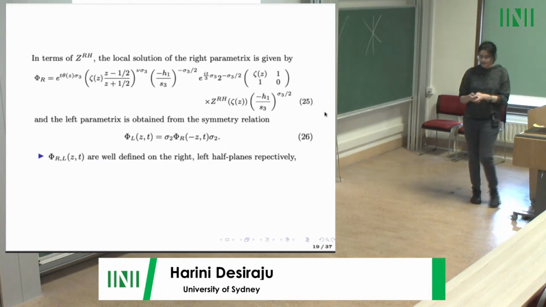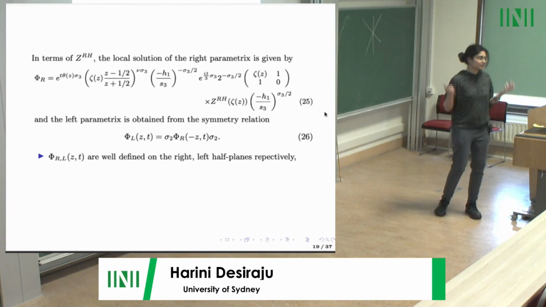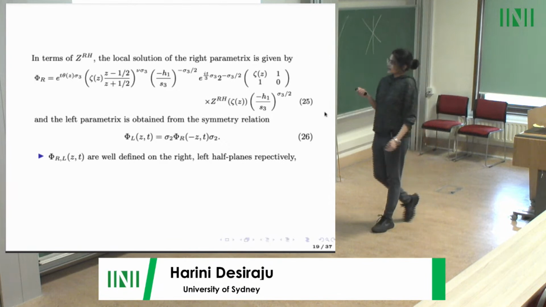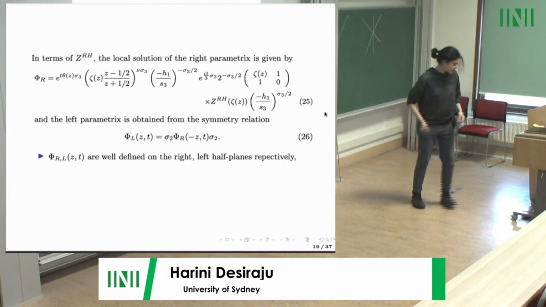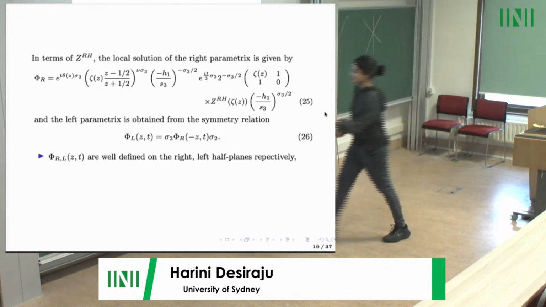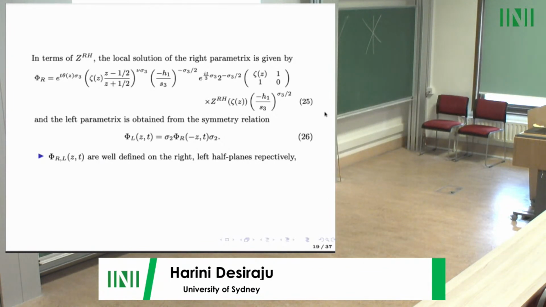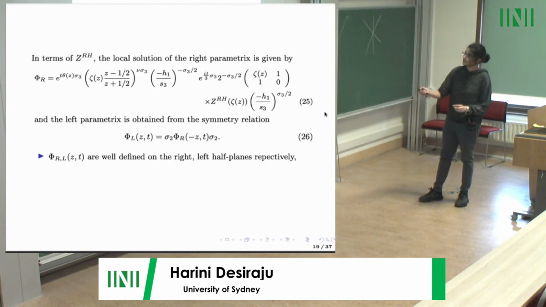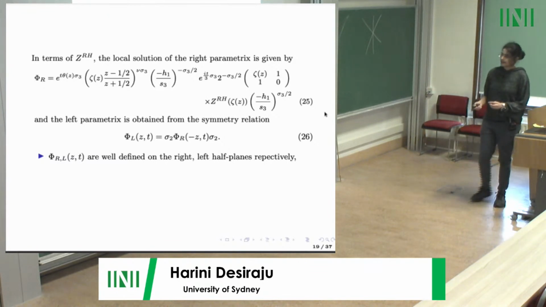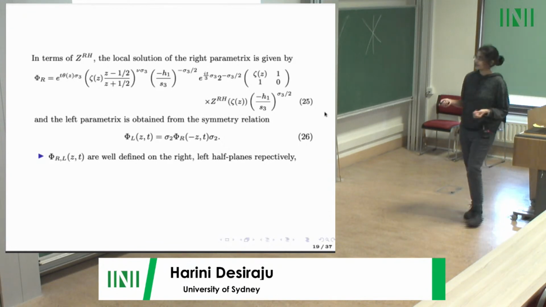Although it is lengthy, it is still explicit, which means that we can do numerics on it, for example. Moreover, there is a symmetry between what is happening on the right side and on the left side, which is here. This symmetry lets us also compute what phi L will be in terms of phi r. So now, what did I do? I went from this to this, with both the right and left parametrices completely described in terms of parabolic cylinder functions.